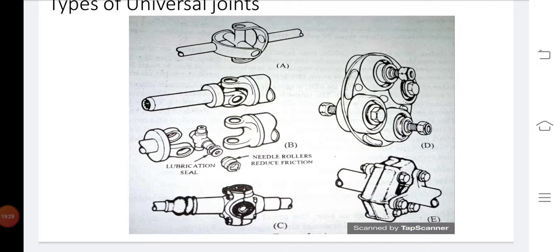These cross type joints use two yokes set at 90 degrees to each other, and a cross shaped block joins the yokes. A special kind of viscous or lubricating oil is used in the final drive for bearing lubrication, which is very important to lubricate the bearing.